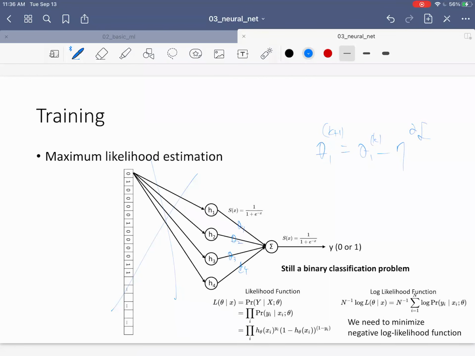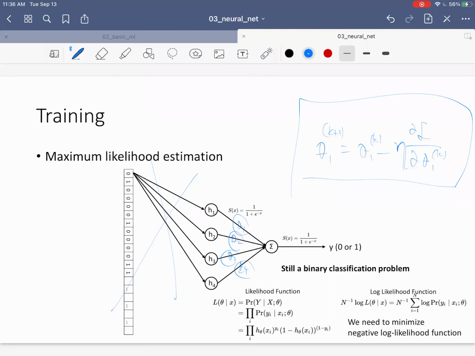Here you have the loss function, and you need to differentiate your loss function with respect to theta 1, which is right here, like this. So that's what you need to do for all the thetas: your old theta 1, theta 2, theta 3, theta 4. You need to run through this algorithm to update the thetas, right?